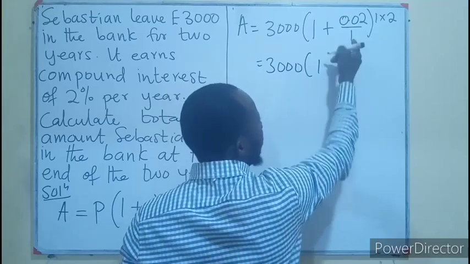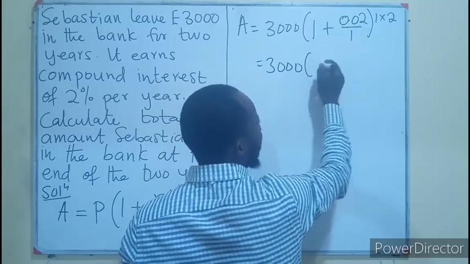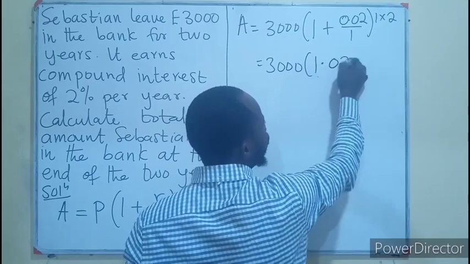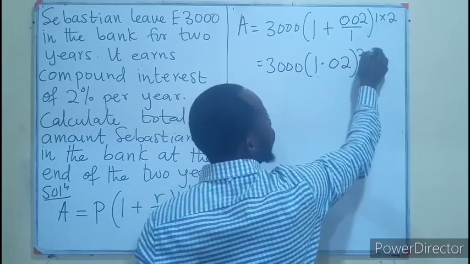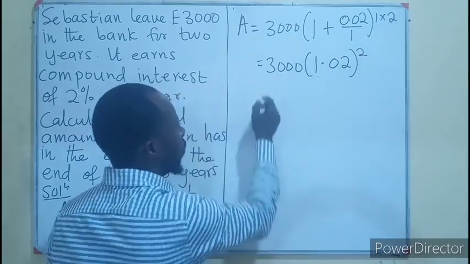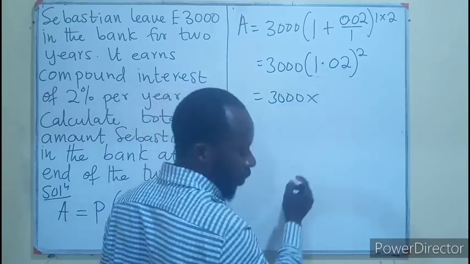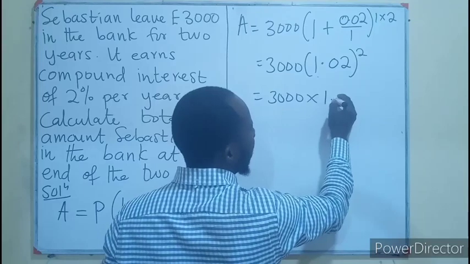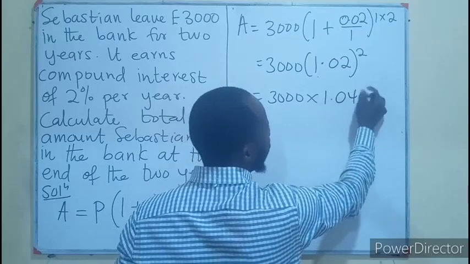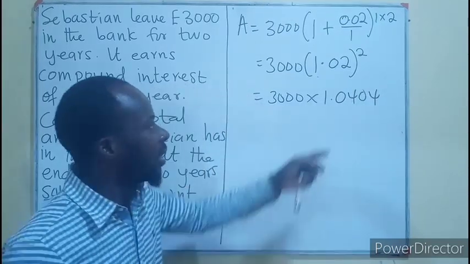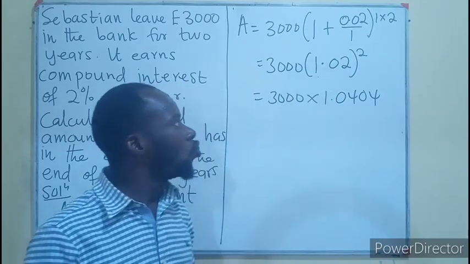So in this case, I'll be having 3,000 times bracket 1 plus this, which will give you 1.02, then 1 times 2 will be 2. So we can proceed to have 3,000 times, if you square this, you have 1.0404, as in the square of 1.02.